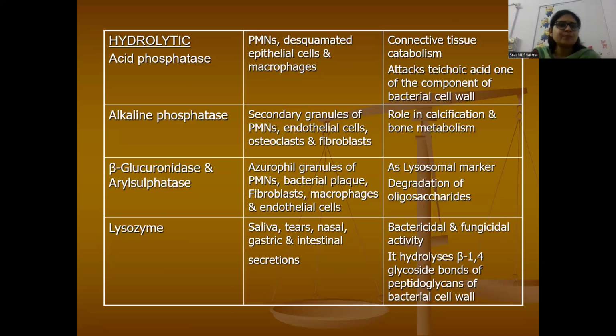Alkaline phosphatase: secondary granules of macrophages, endothelial cells, osteoclasts, and fibroblasts; role in calcification and bone metabolism. Beta glucuronidase and aryl sulfatase: source, eosinophil granules of macrophages, bacterial plaque, fibroblasts, macrophages, and endothelial cells; action as lysosomal markers, degradation of oligosaccharides.